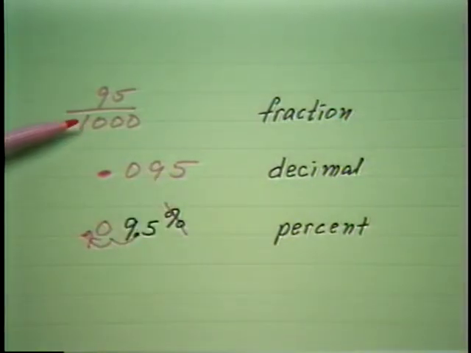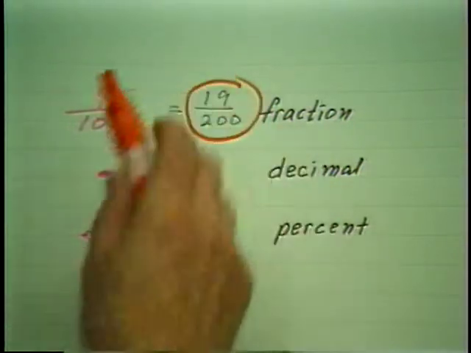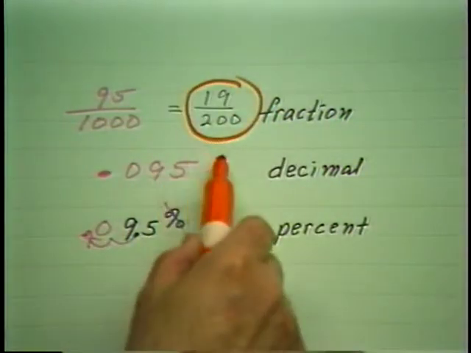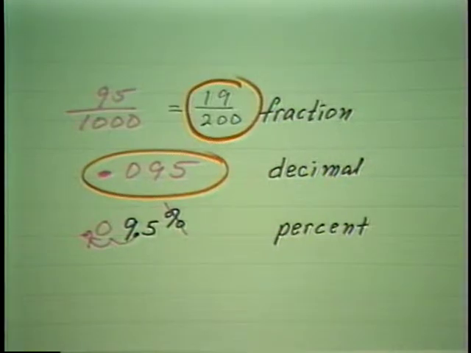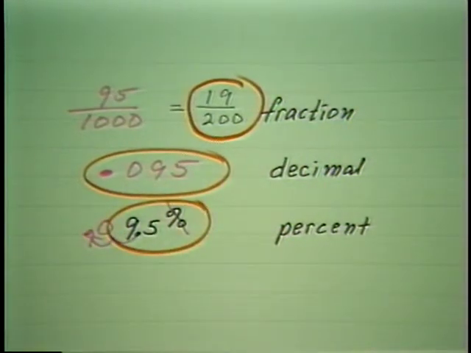So dividing top and bottom by 5, we would get 19/200ths. And thus we see that 19/200ths, 0.095, and 9.5% are in fact three ways of saying the same number value.